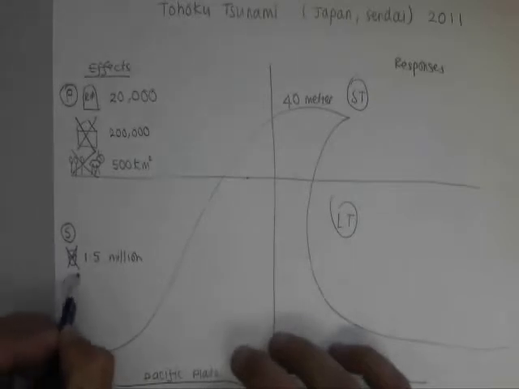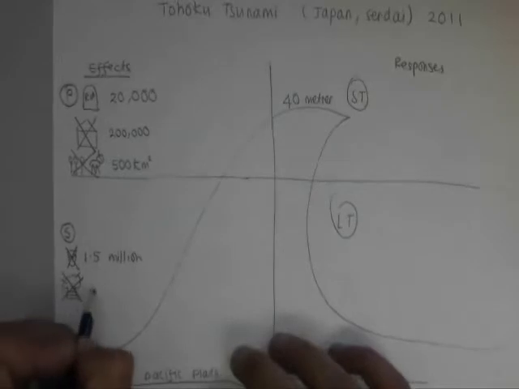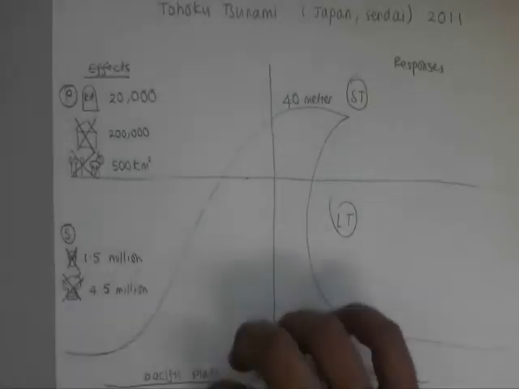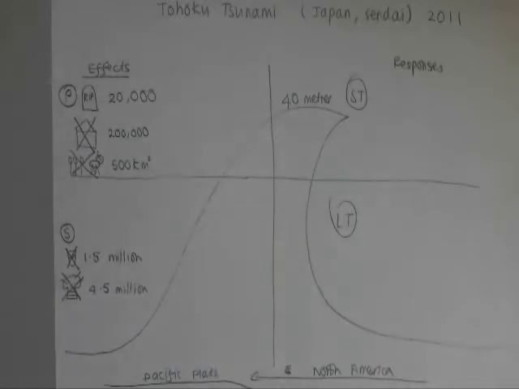You had about 4.5 million houses instantly lose their electricity as the power plants were taken out, and obviously that takes time to get back online. It's about their daily living, but also their ability to do industry and factories and businesses if you don't have your electricity.